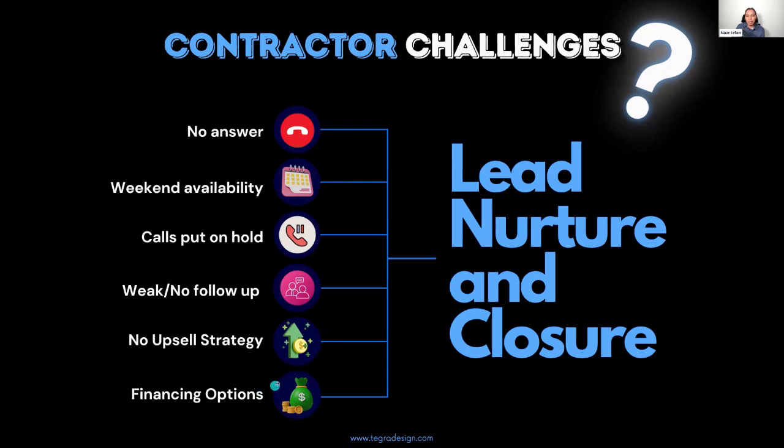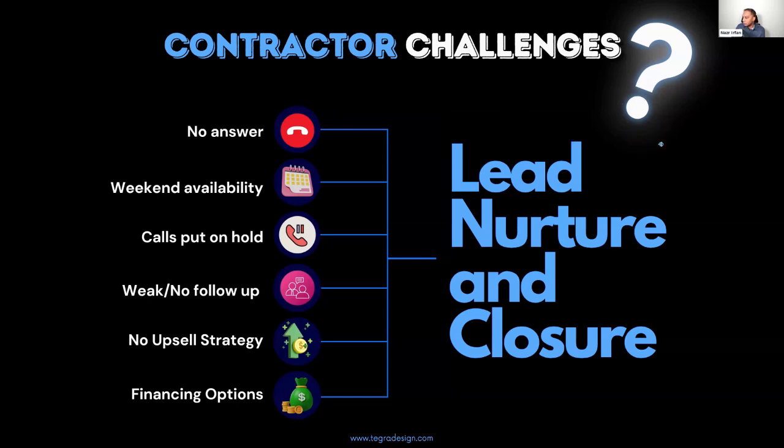And with the state of the economy that we are in right now, it's always going to be important to have financing options for your customers. Why? Because they may not be able to afford that 20, 30, $40,000 job that they need for their home, or for their office, or their commercial property.